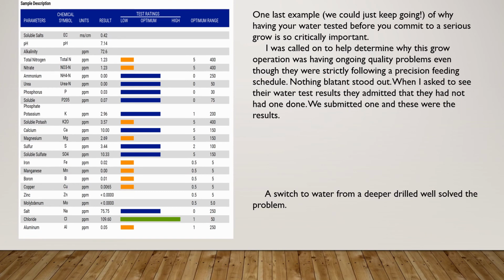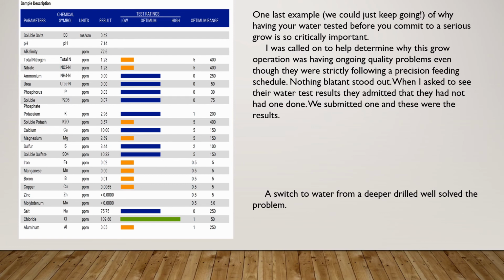A very last example, and this one is critical to the commercial operations that grow high value crops. This summer I was called to a grow operation to look at some issues they were having. When we looked at the paperwork, the nutrient feed schedule they were following, and the environmental conditions, there was nothing that really stood out as blatant to cause the problems that I was seeing.